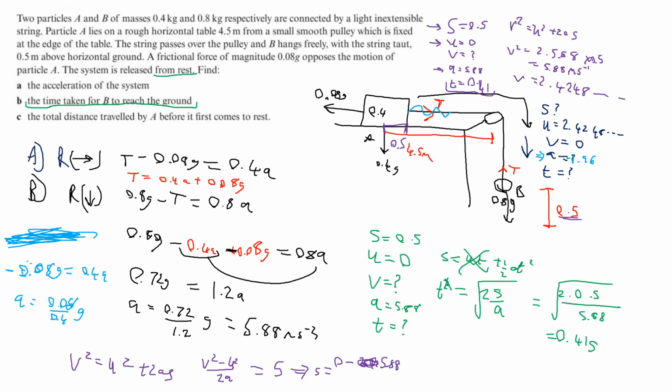We know that because v squared is 5.88. All over 2 times 1.96. And if we plug that into our calculators, we should get an answer of 1.5. And so the total distance traveled is going to be 1.5 plus the 0.5 earlier, which is just going to be 2 meters. And those are your final answers.